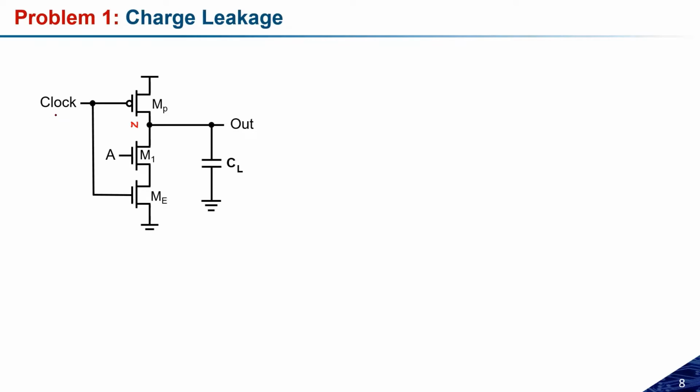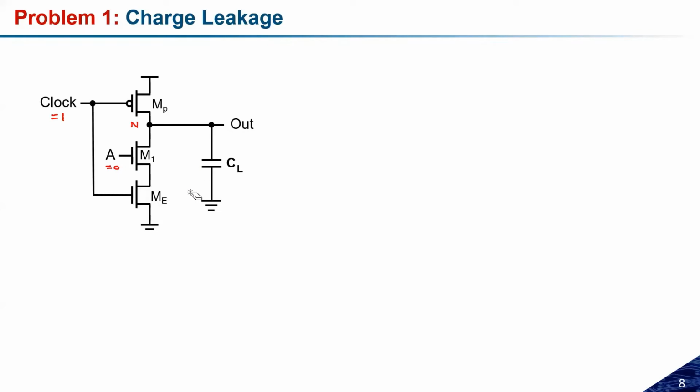During the evaluation phase, I need to put the clock equal to 1. If the clock is equal to 1, the pull down network will be evaluated, because ME is in on state, based on the combination of A. If A is equal to 0, the capacitor should not discharge, and if A is equal to 1, then this dynamic node will get a direct path through M1 and ME to discharge.